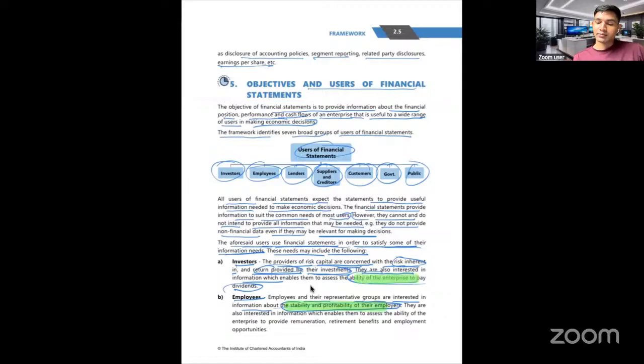They are also interested in information which enables them to assess the ability of the enterprise to provide remuneration, retirement benefits, and employment opportunities.